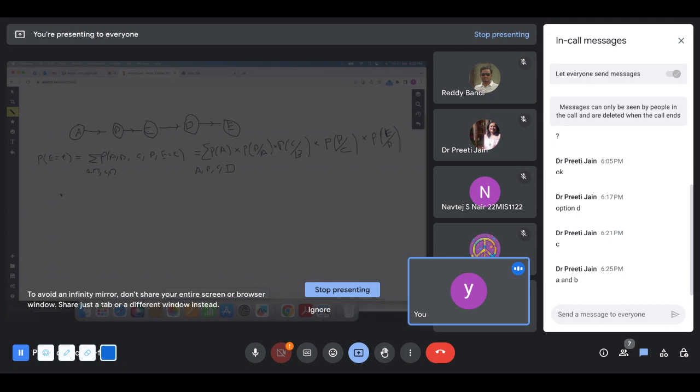So let's do this: sigma A, P of A times P of B given A, and then sigma B times P of C given B, and then sigma C times P of D given C, and sigma D times P of E given D.